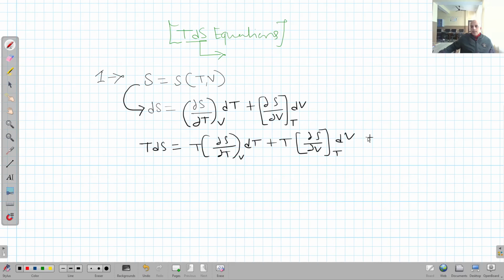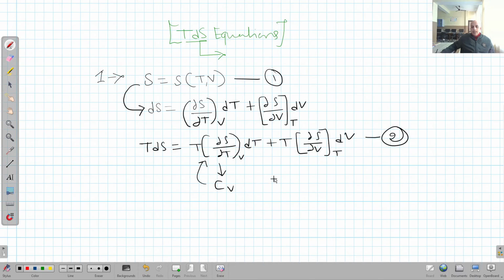Clear? Let this be equation number 2 and that was equation number 1. Now we know very well that T (∂S/∂T) at constant V is equal to Cv, specific heat at a constant volume, right? This is one thing that we are going to put here.